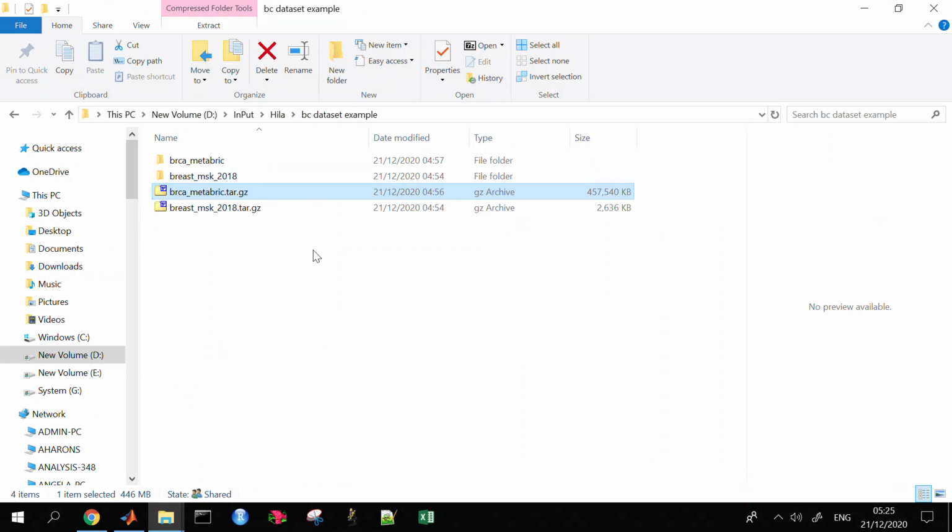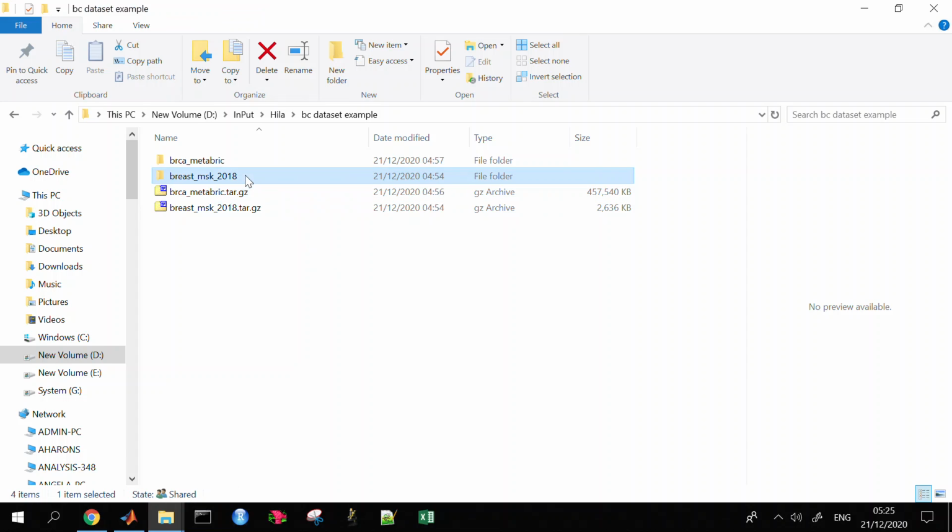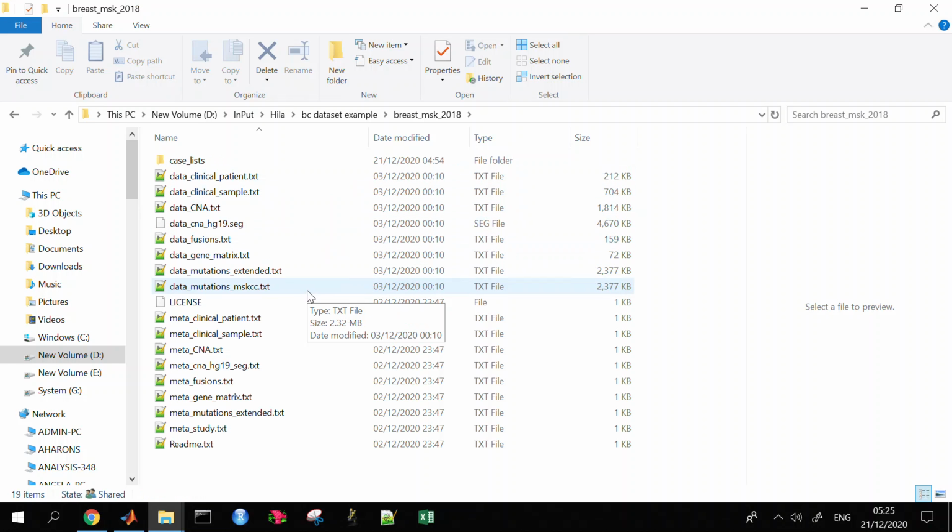Okay, so I downloaded two datasets beforehand, and let's look at the first dataset that I downloaded. And the problem with this dataset is that I don't have a particular file that I'm looking for, and the particular file is a gene expression data, and I don't see that here.